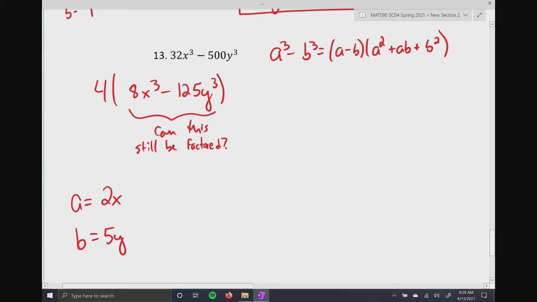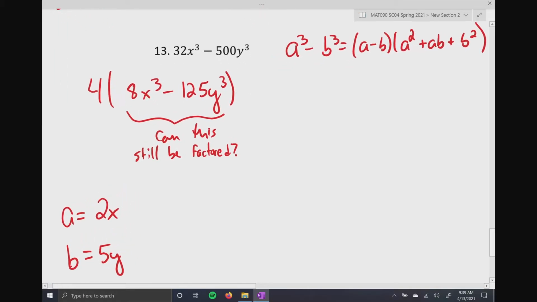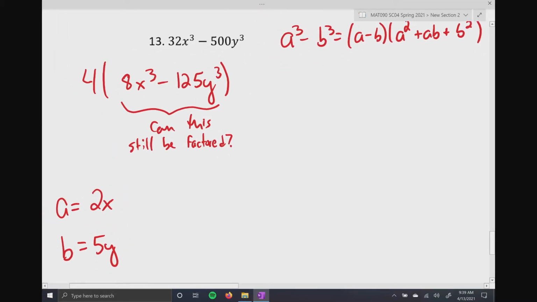Now, write big, write neat, so you can see everything. So this is going to equal, we got a 4 out front. Now, we're going to write 2x minus 5y. That's a minus b.